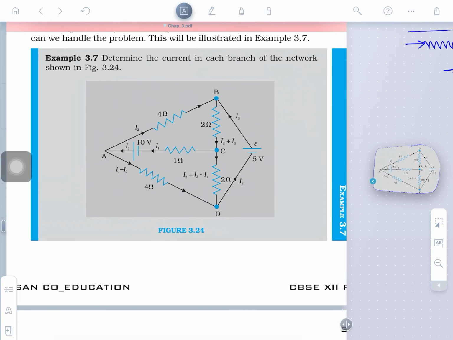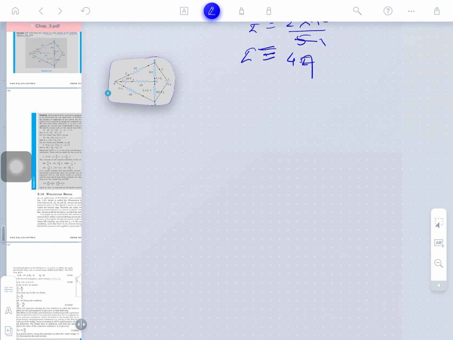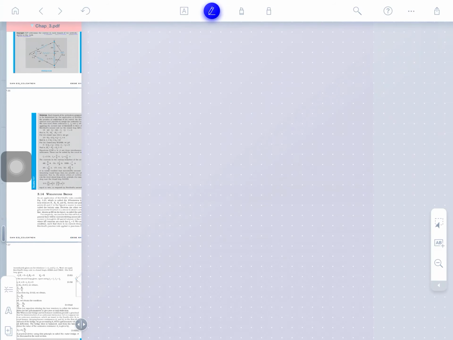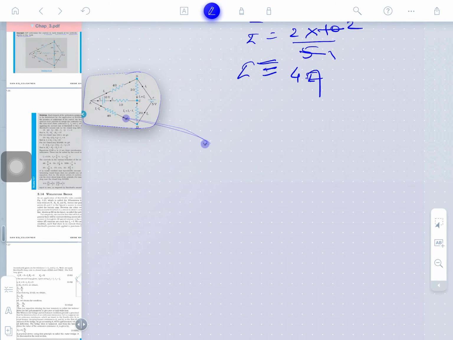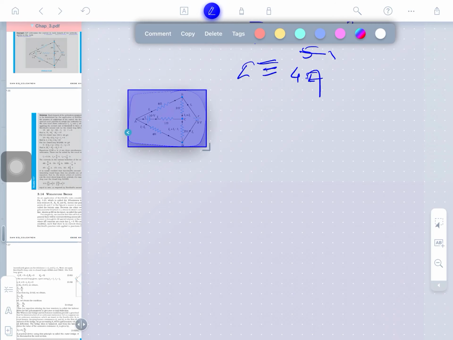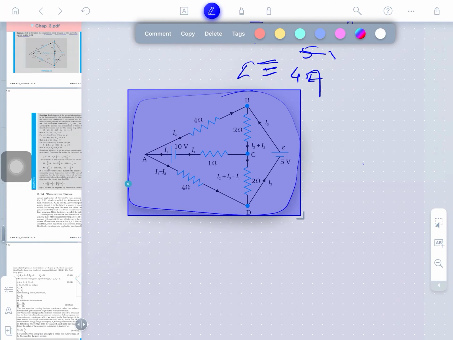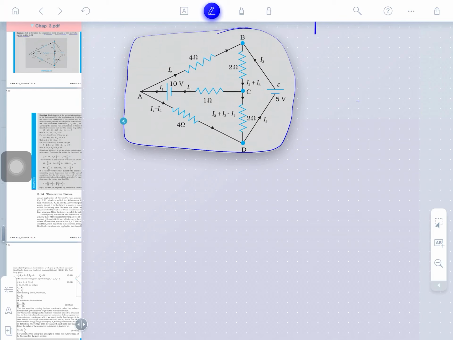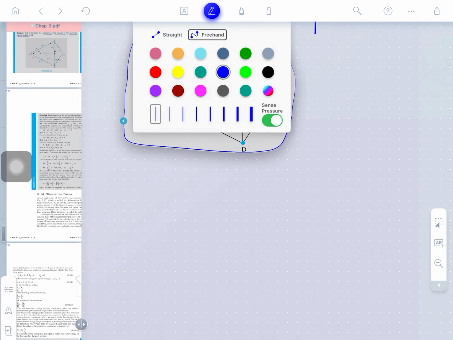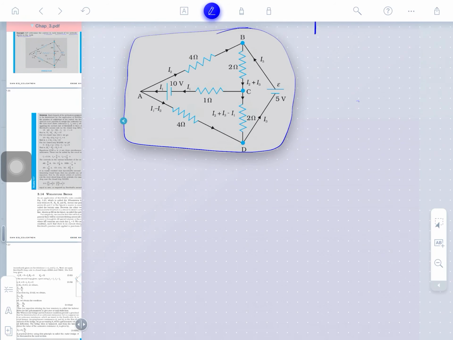We are to find the current in each branch of network.